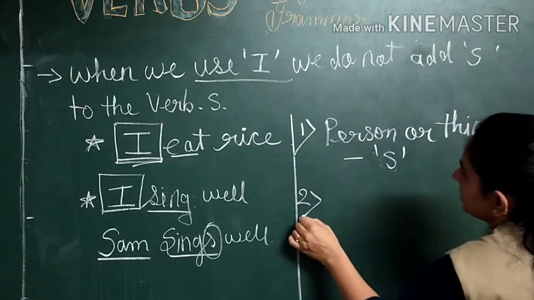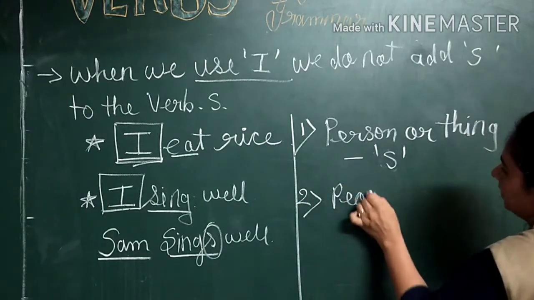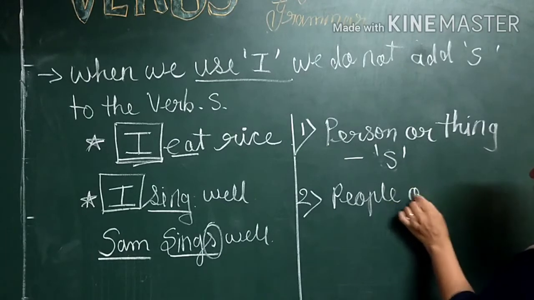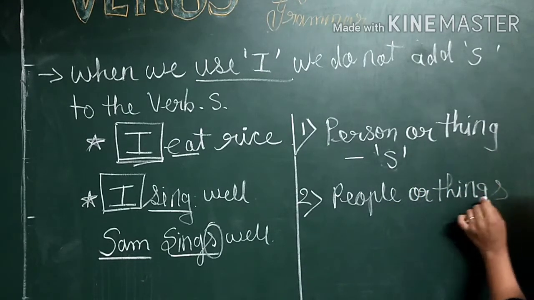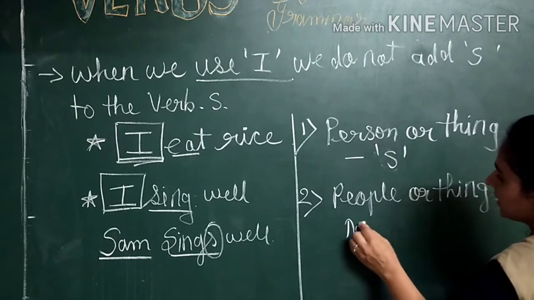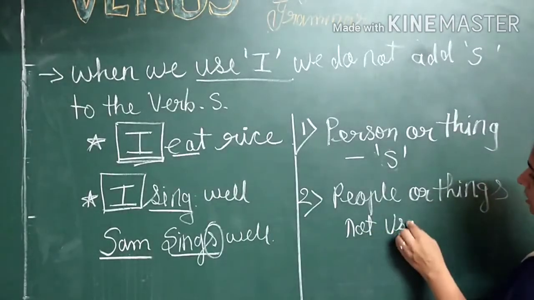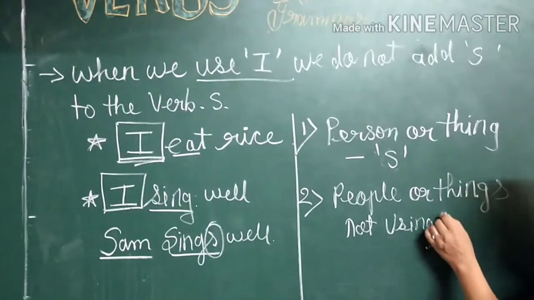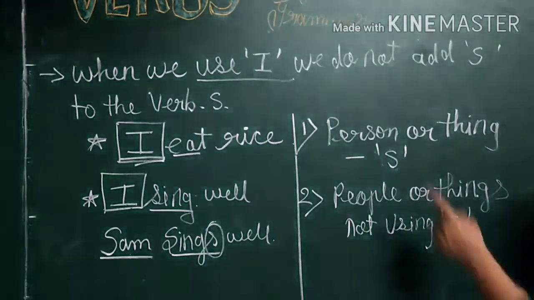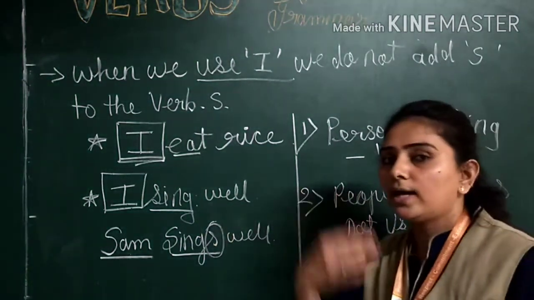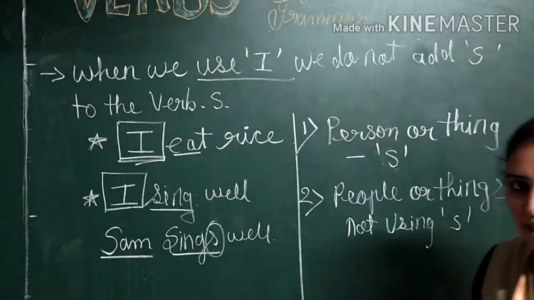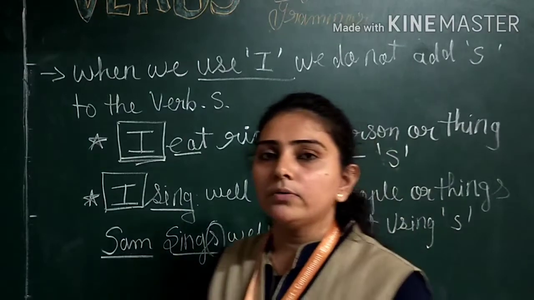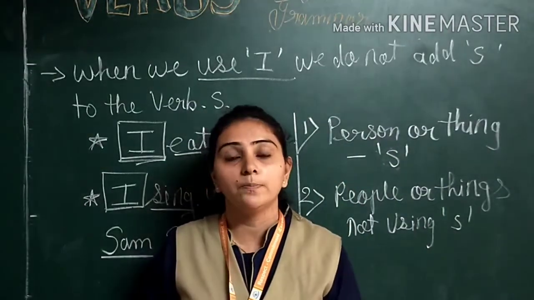The second is when we are talking about people or things, so we are not using s. हम s use नहीं करते हैं verb के साथ. Understand? And the third is when we are talking about ourselves, जब हम खुद की बात करते हैं तो भी हम verb में s use नहीं करते हैं. So here I have completed the verb chapter.